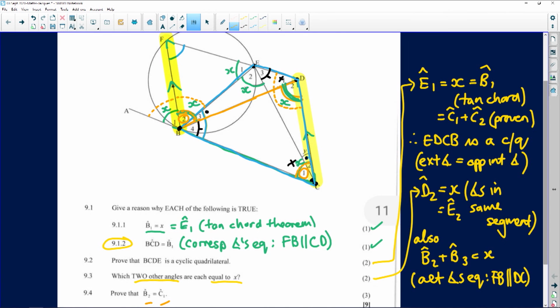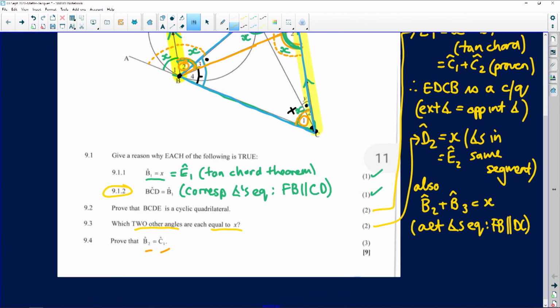So let's write that out quite nicely. Okay, I'm going to use the color green here. For the last one over here, we're going to argue that B2 plus B3 is equal to C1 plus C2. Remember, they were both equal to X. We've proved that before. So that's proven that those two angles are equal to each other.